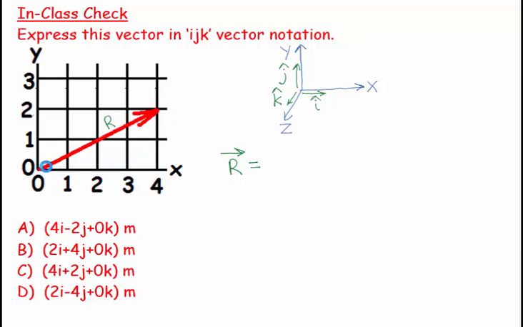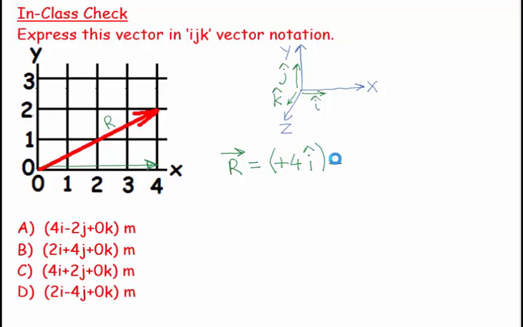And I know by now that the x component is going to be that, which is plus 4. It's from the origin to 4 in the positive direction. So that's not plus 4, it is plus 4i. So there's my first component.